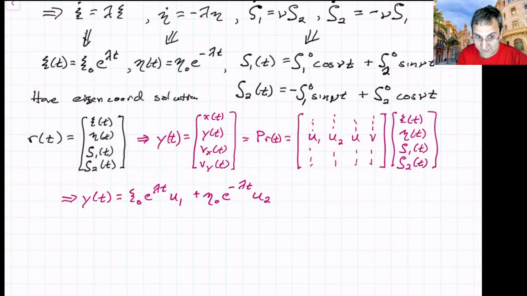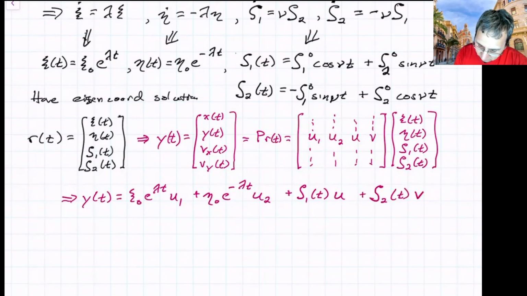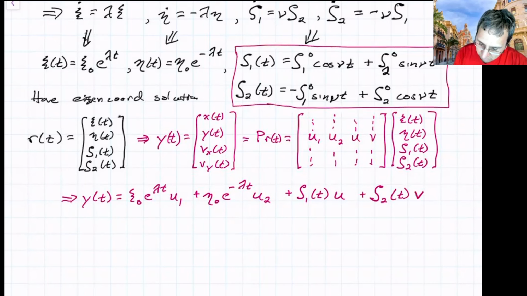Right, so these are just saying those are the unstable and the stable pieces. And then the other two we could write as zeta 1 as a function of time times the U eigenvector plus zeta 2 as a function of time times the V eigenvector, where the solutions for those based on initial conditions are given up here. I don't need to rewrite it.